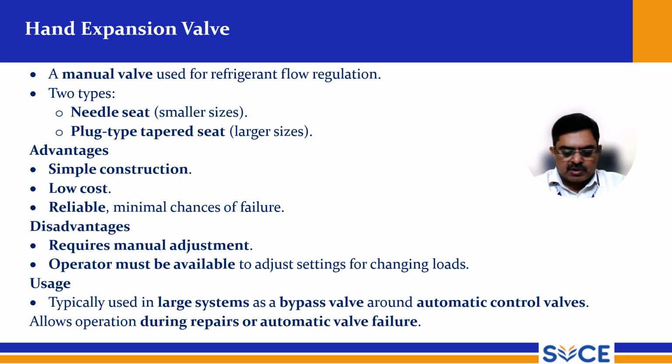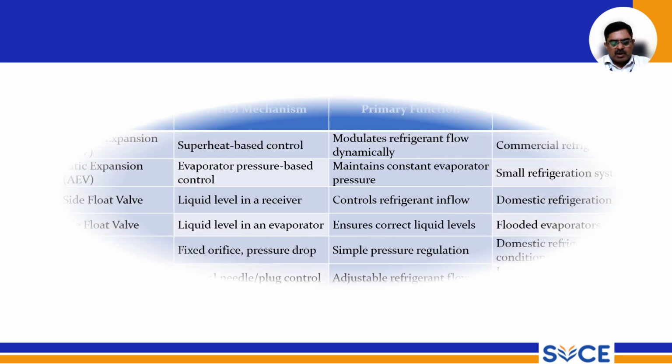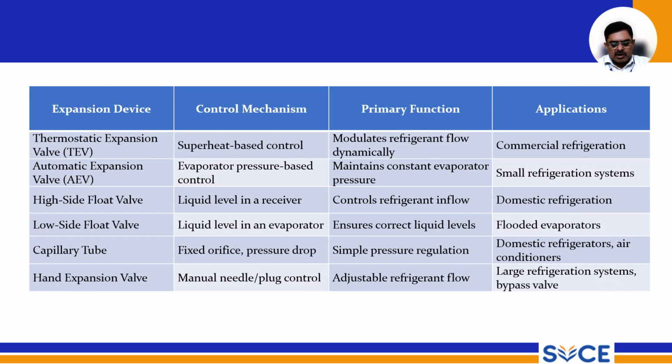And students, now with this we have completed unit number 2. I have prepared one more comparison of expansion valves. I have compared all the valves and made this table, and I have included it in the notes also. Please go through these differences.